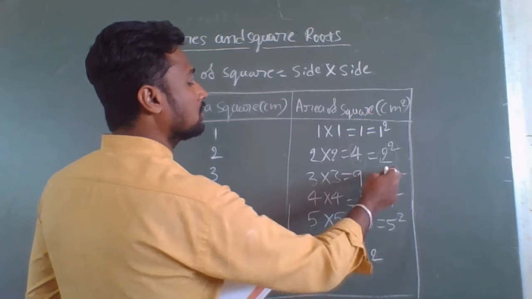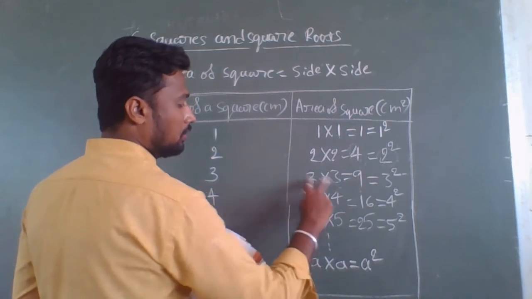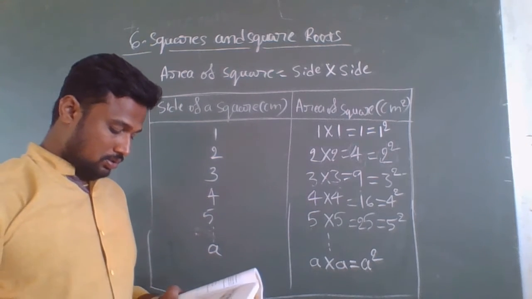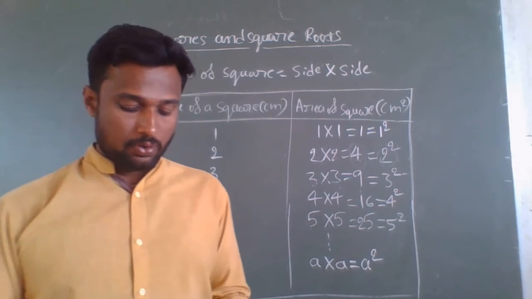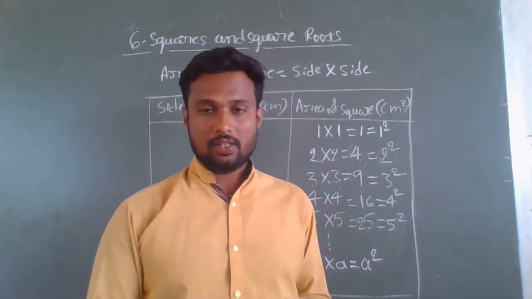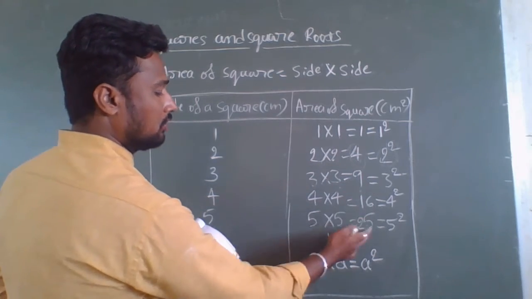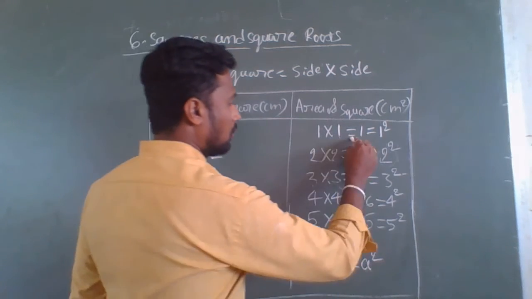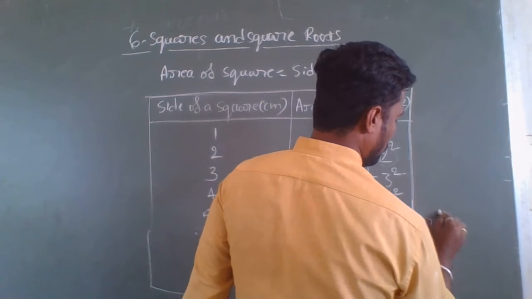You are multiplying 3 two times. All such numbers like 1, 4, 9, 16, 25 are known as square numbers. These all are square numbers.